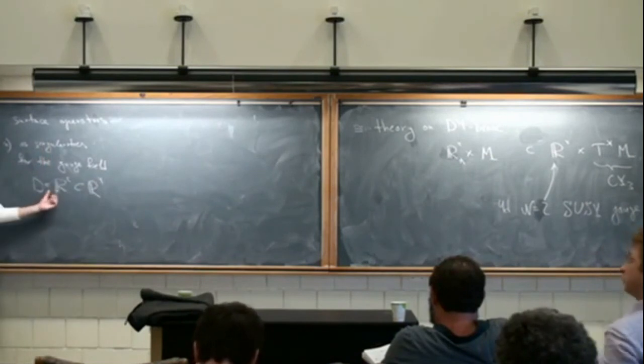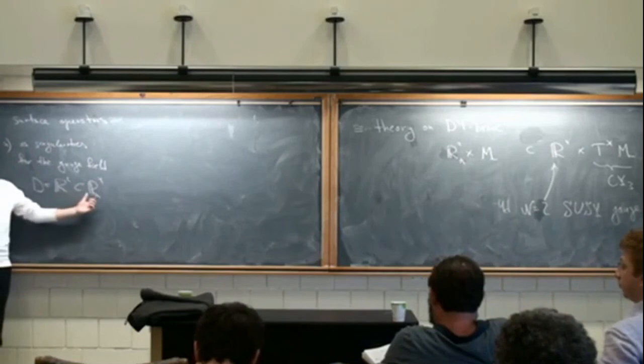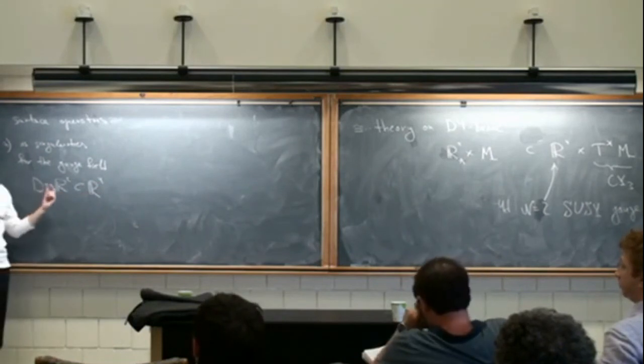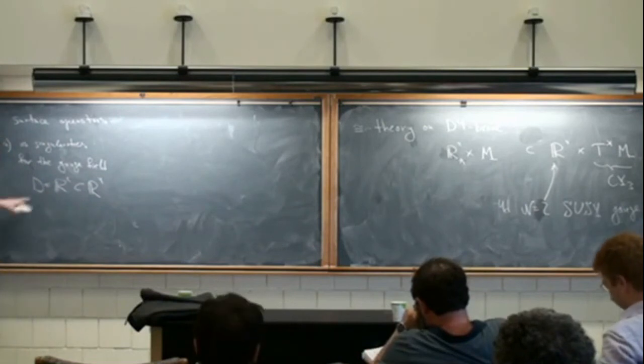And you notice that this is of co-dimension 2 in 4 dimensions. So in the transverse dimensions to the surface operator, we can go around it. It's a point in the plane. And the gauge field can undergo monodromy, as you go around that surface in the 4-dimensional space.